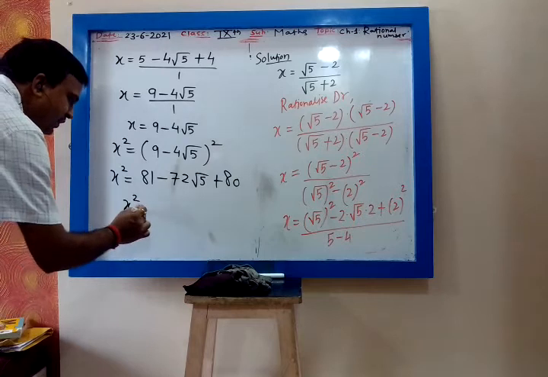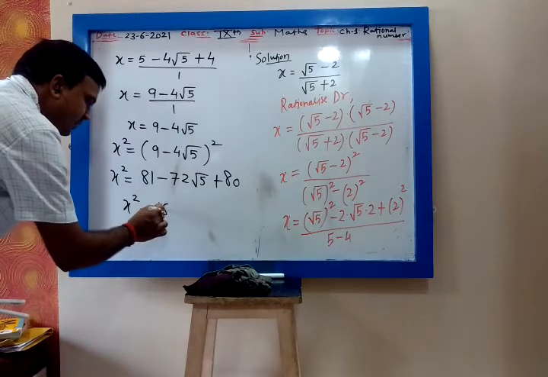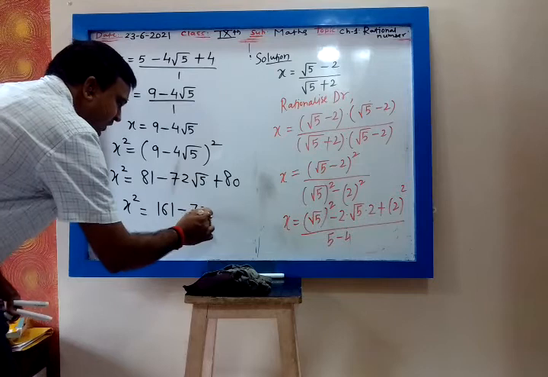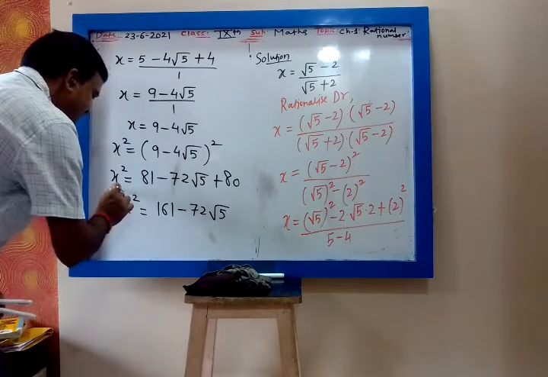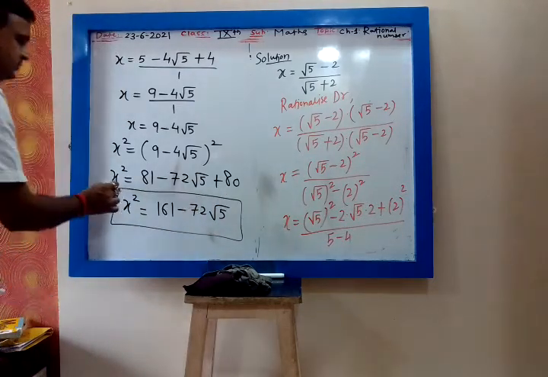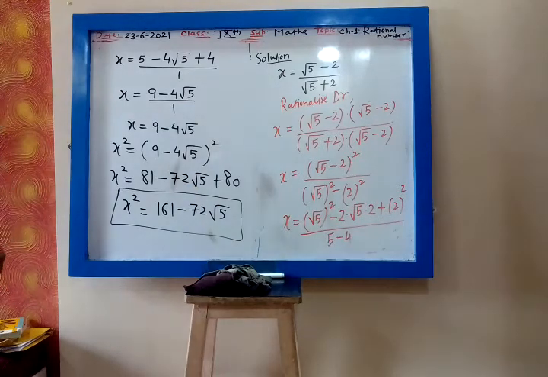So x square is 80 plus 81, 161, minus 72 root 5. This is the answer for x square. Got it?